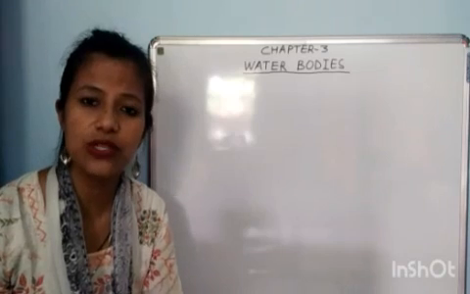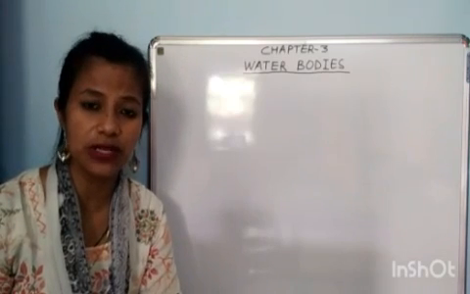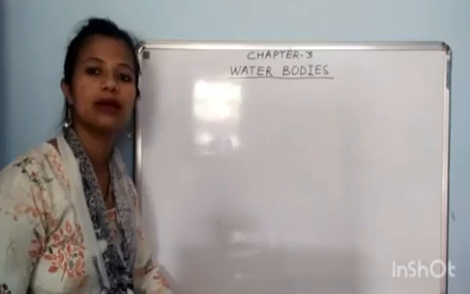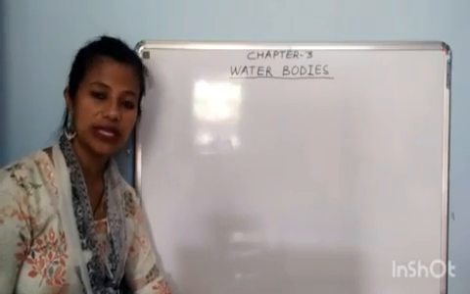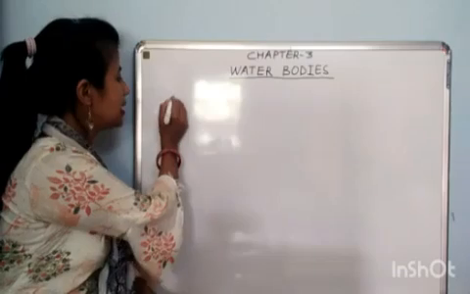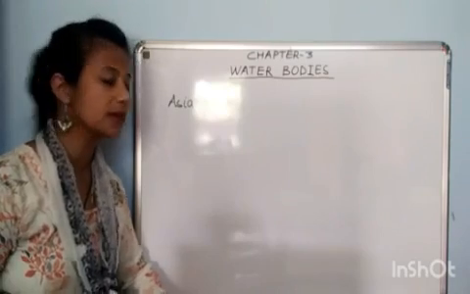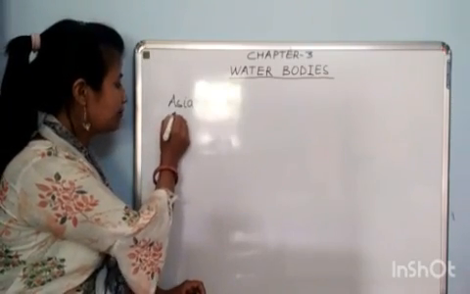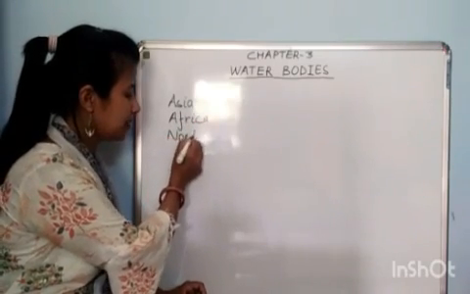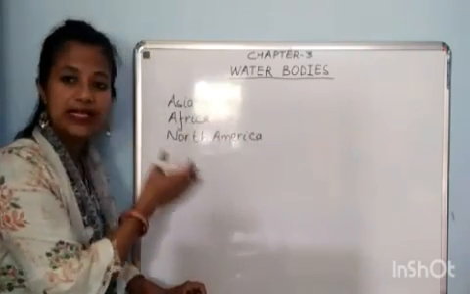After the 5 oceans, we have continents. We have 7 continents and 5 oceans. The largest one is Asia. India is located in Asia. Number 2 is Africa. Number 3 is North America, from largest to smallest.